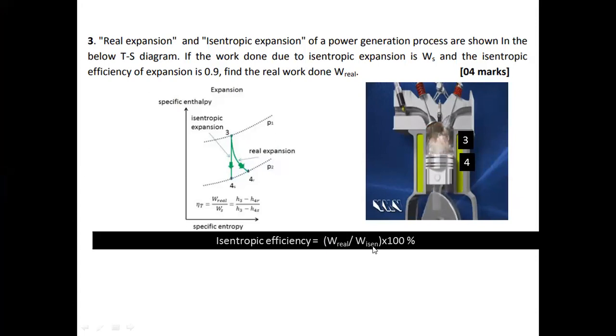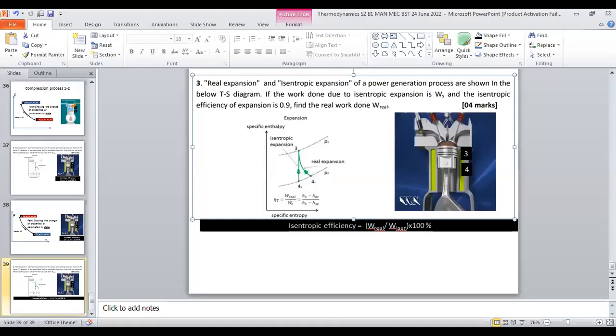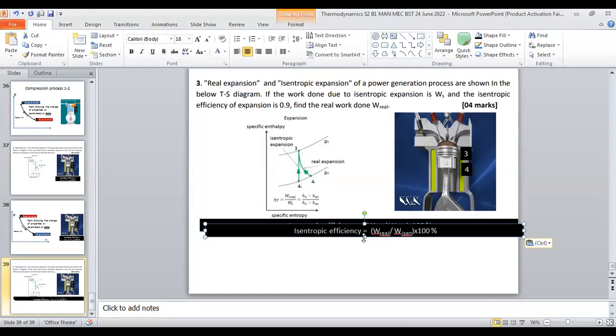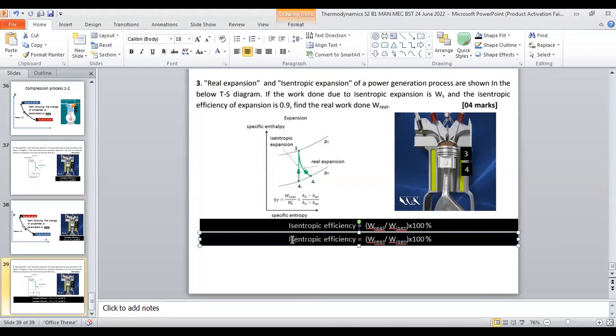So here, if you are looking into the same, this is 0.9. See, it is 0.9.